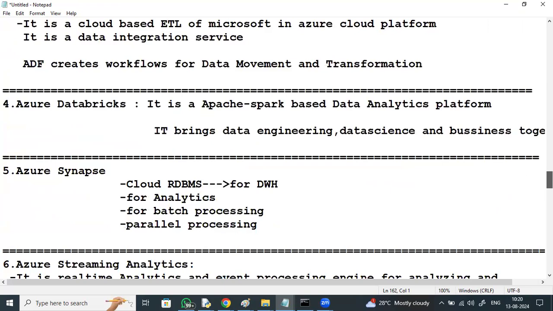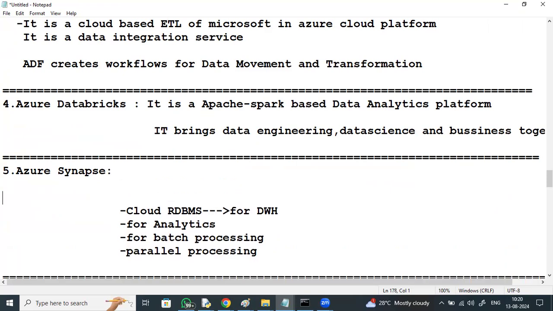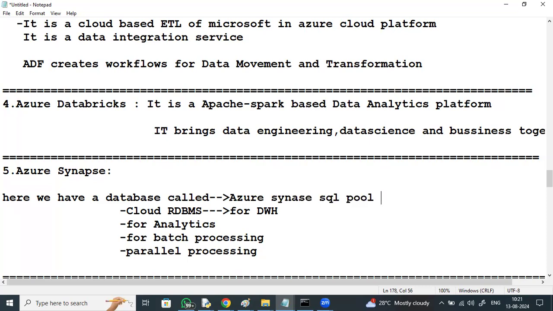In Azure Synapse, we have a database called Azure Synapse SQL Pool DB, simply Synapse DB.